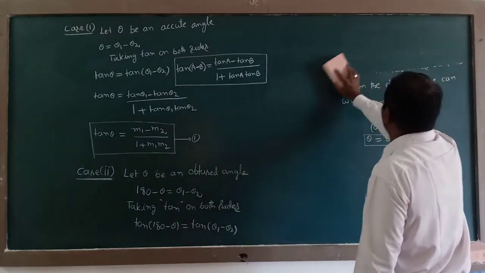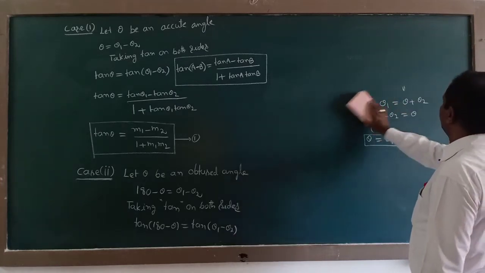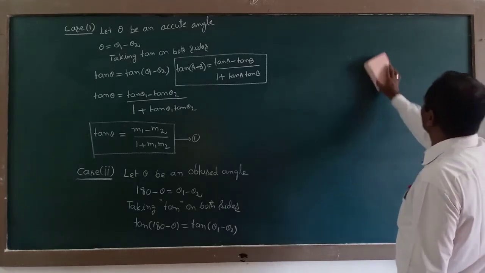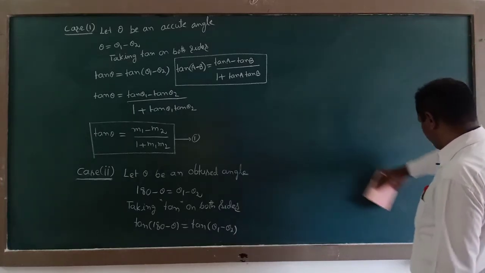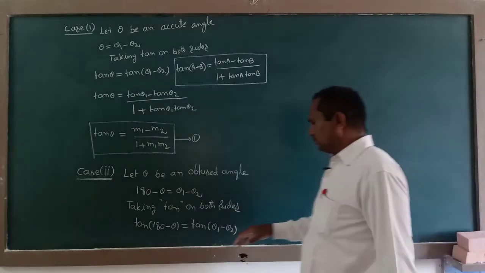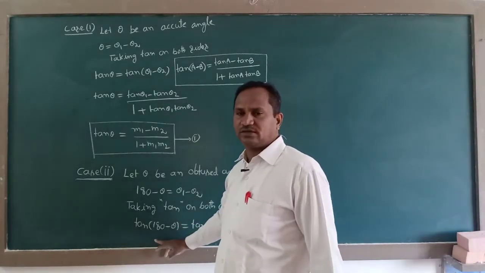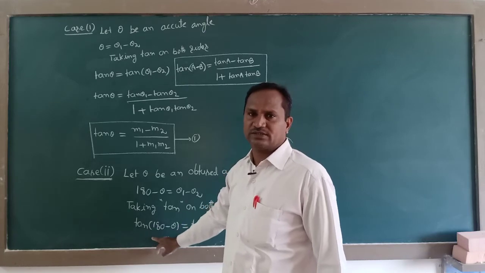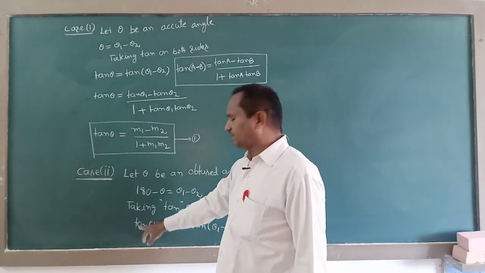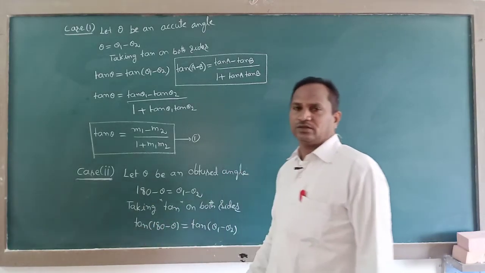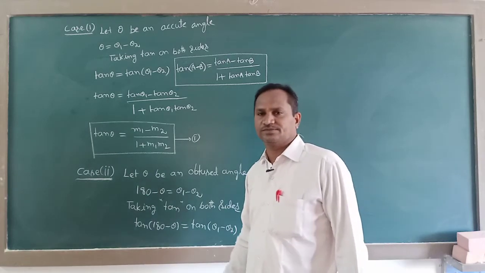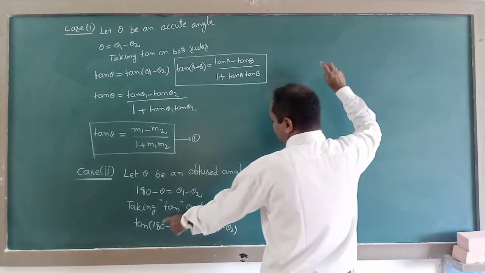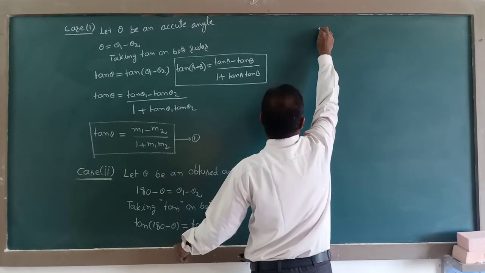Tan of 180 minus theta: according to trigonometric rules, in the case of 180, the trigonometric functions do not change. Whatever the function is, that same function will come here. Tan of 180 minus theta can be written as tan theta.